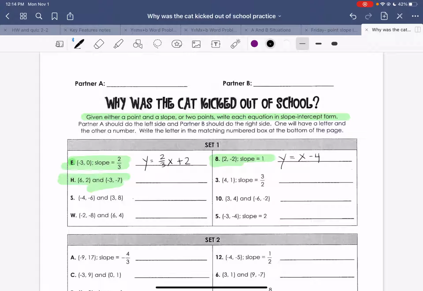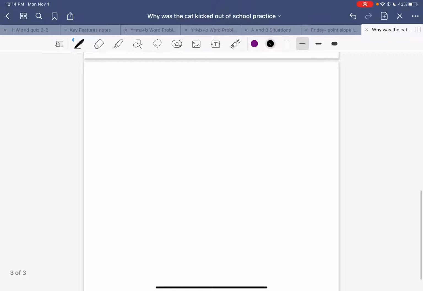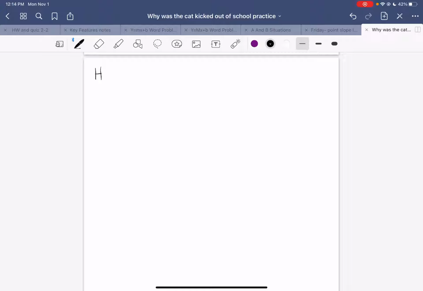Okay, the last example we're going to do together is when given 2 points on a line. So this is letter H. So we have 6, 2, and -3, -7.